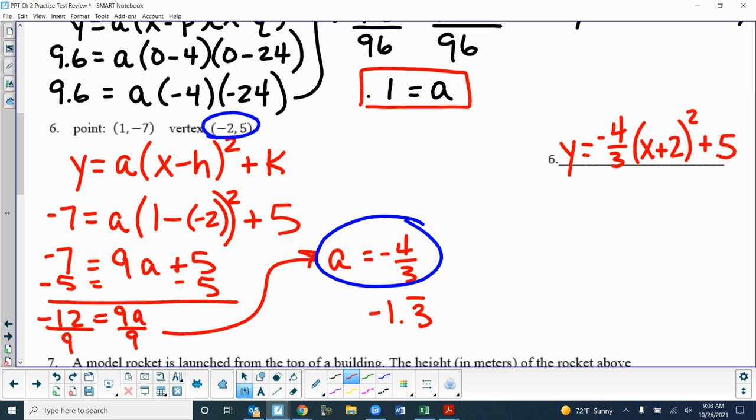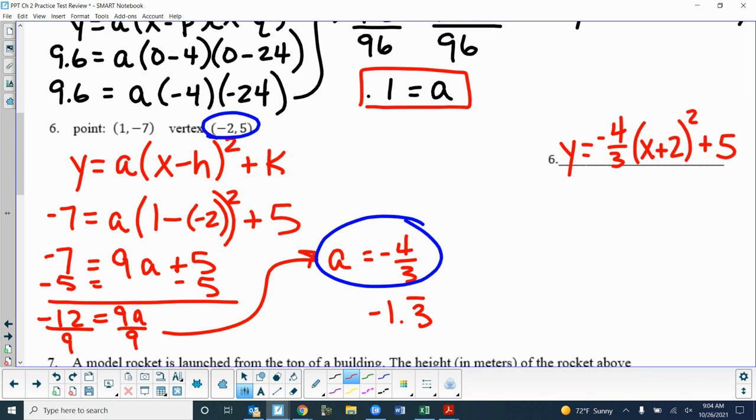There's our equation for number 6 in vertex form. Questions? You guys getting those right? You guys that did your homework? Okay.